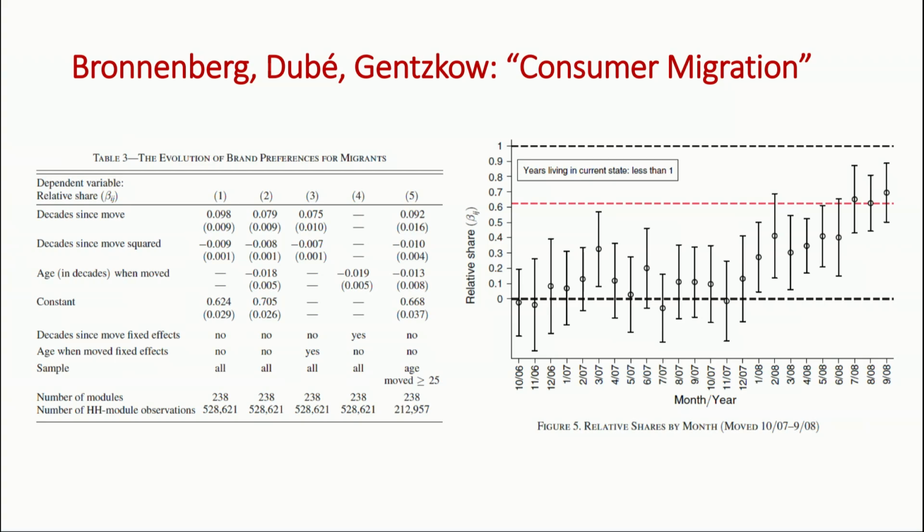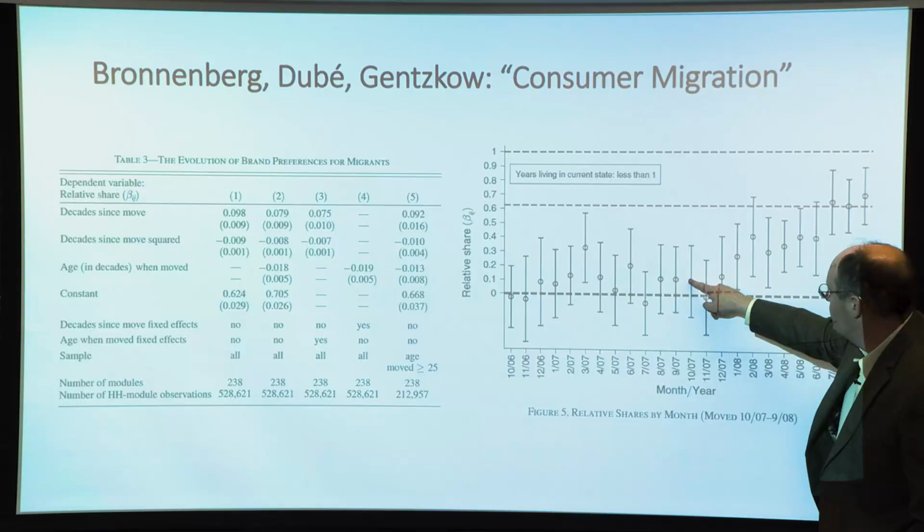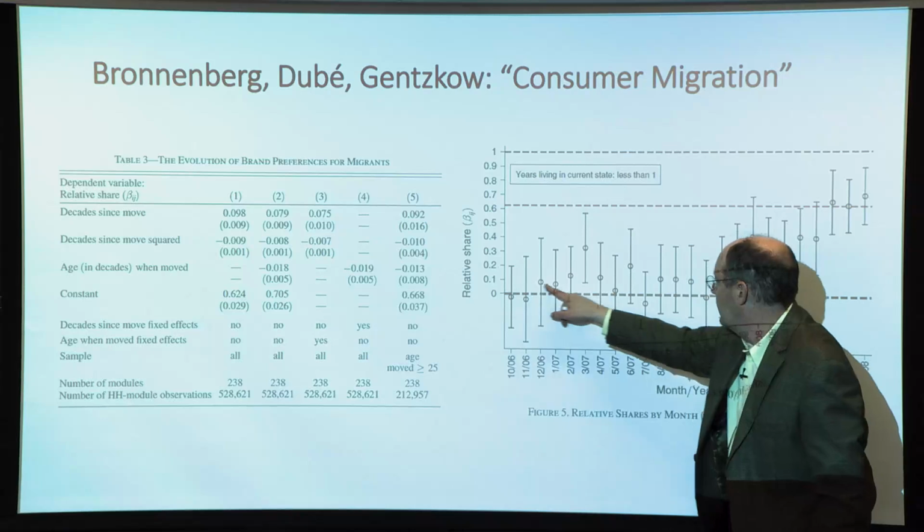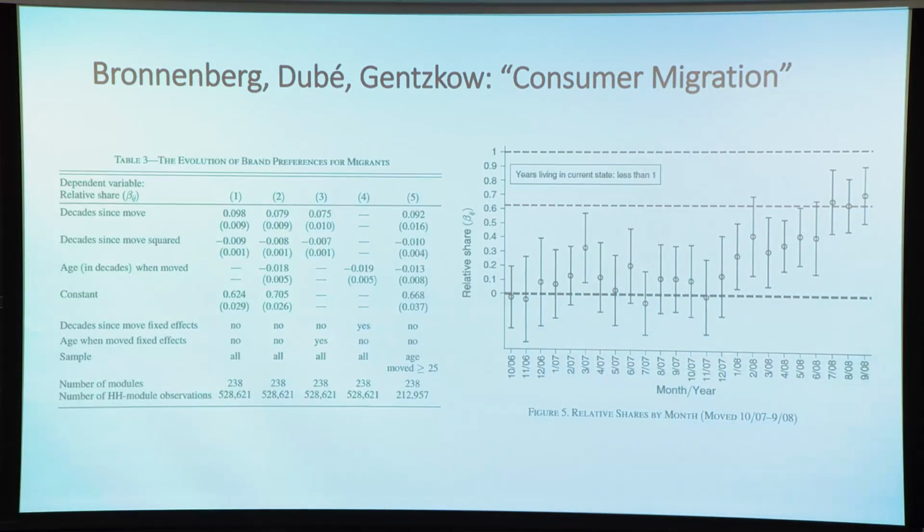But what they can then do is look at these people who moved here within the past year and look at what mayonnaise they ate before they moved. And what they find is that before they moved, the people were only like 10% of the way to their new destination.